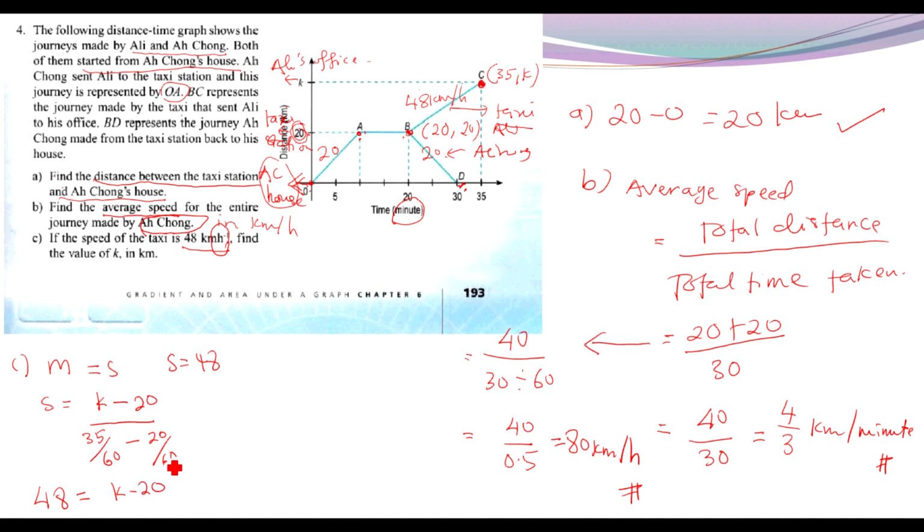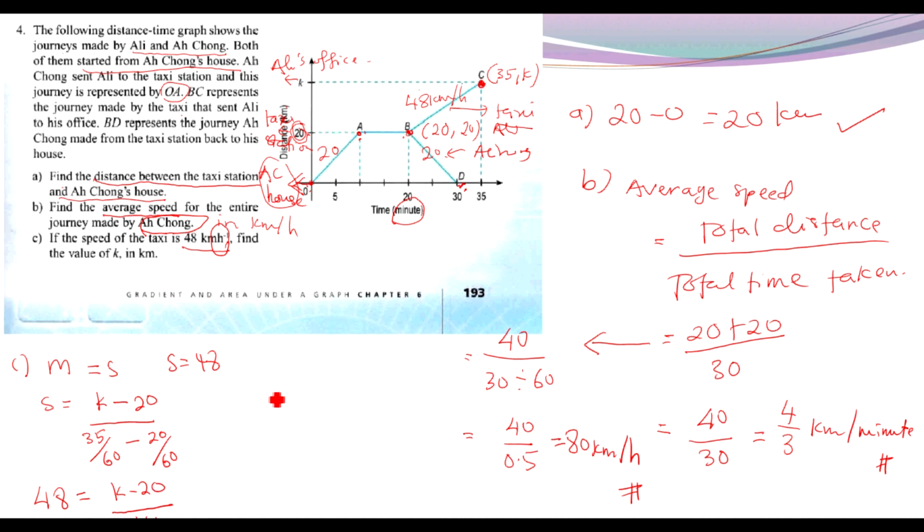Calculate the denominator: 35/60 minus 20/60 is 1/4. So 48 equals K minus 20 over 1/4.